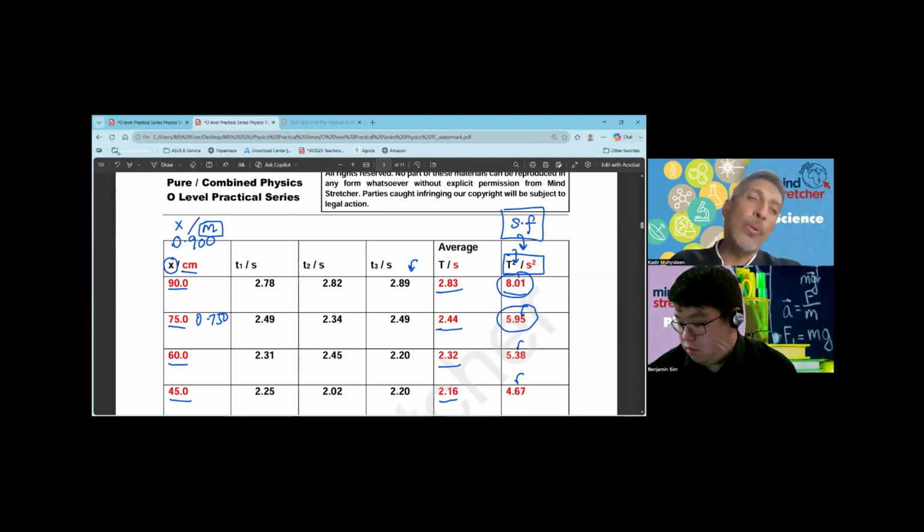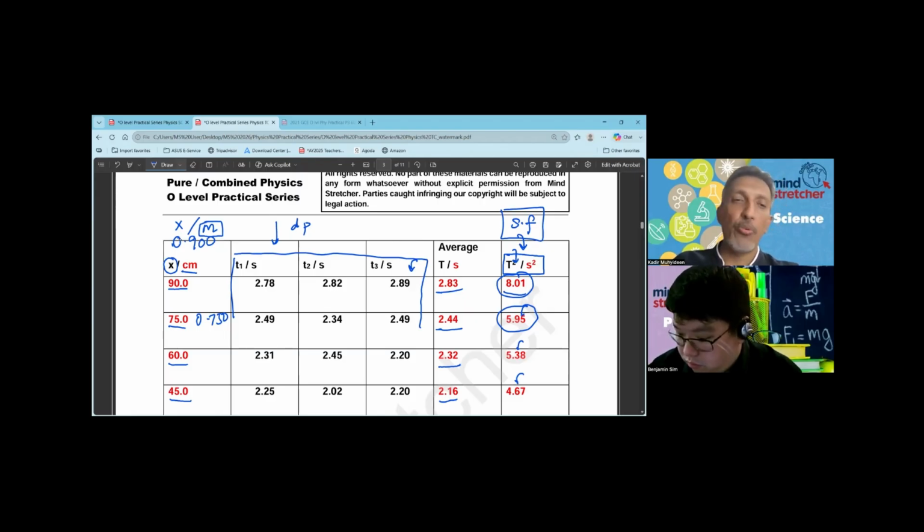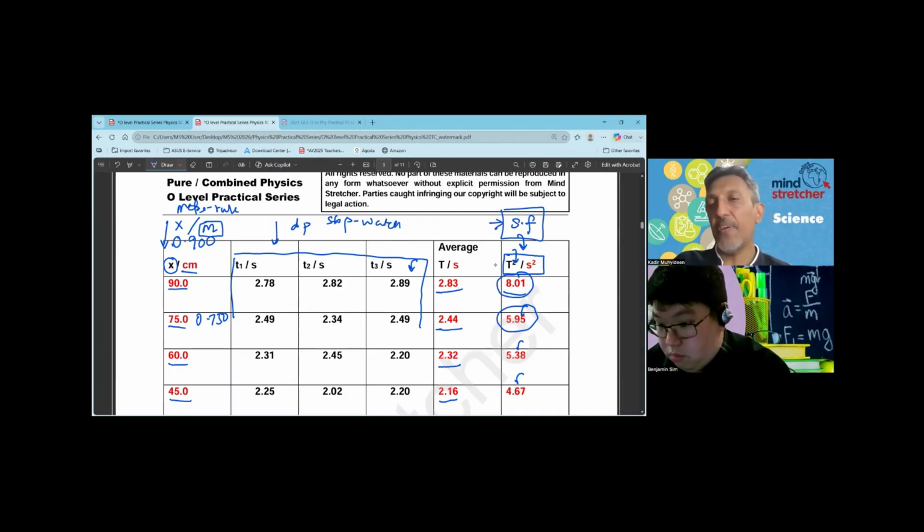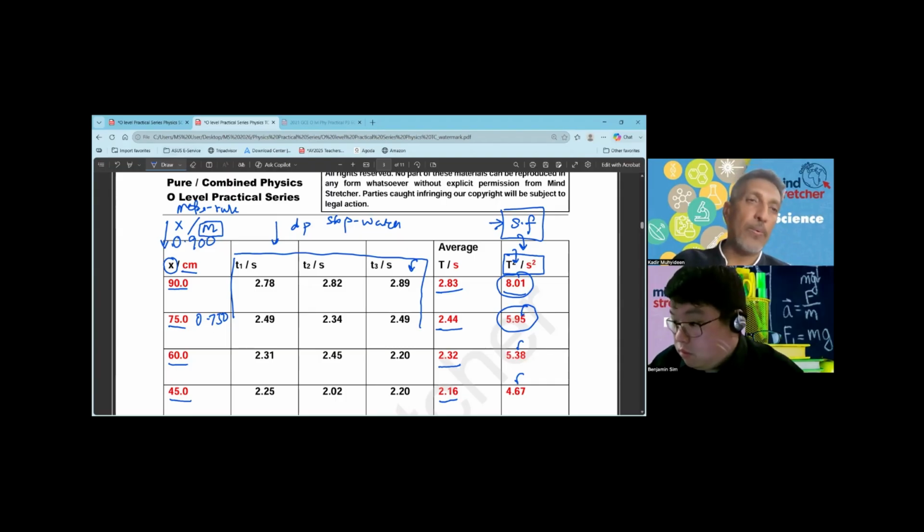It's actually to teach you that these values here follow DP according to the precision of the instrument. This one also follows DP according to the precision of the instrument. This is the ruler, the meter rule, and this is the stopwatch. But this follows SF because this is a processed value.